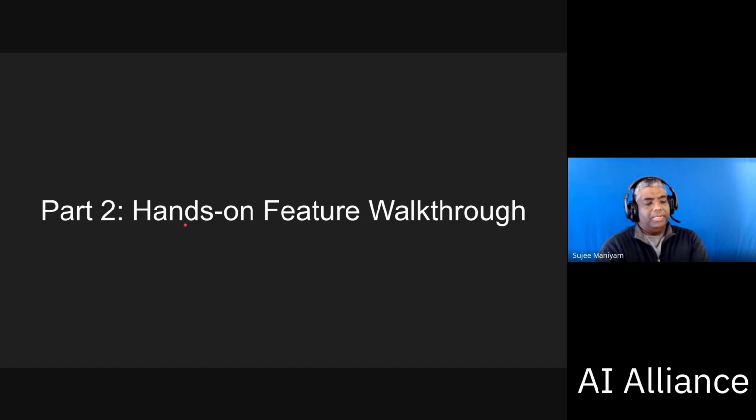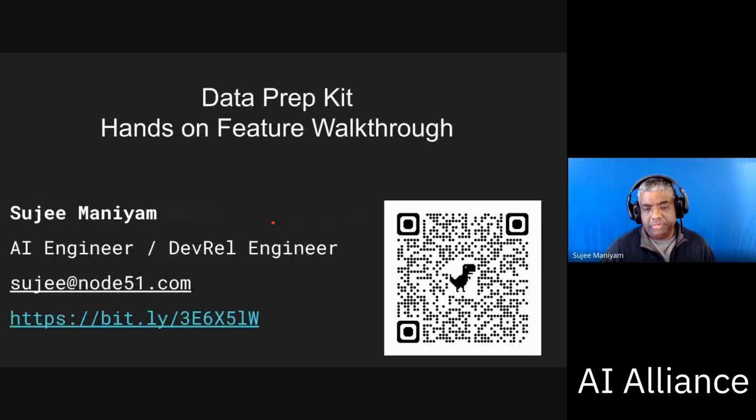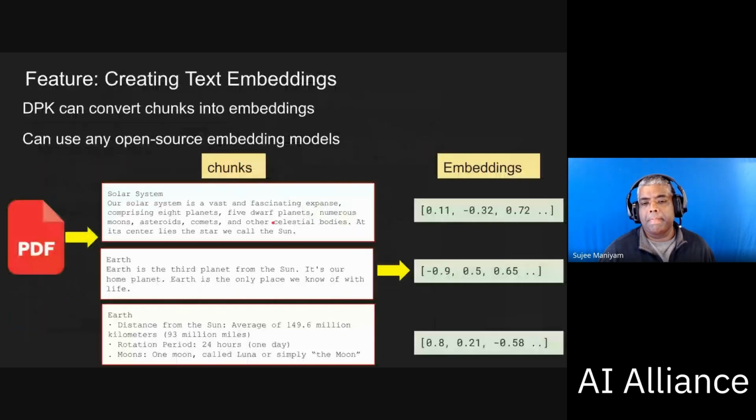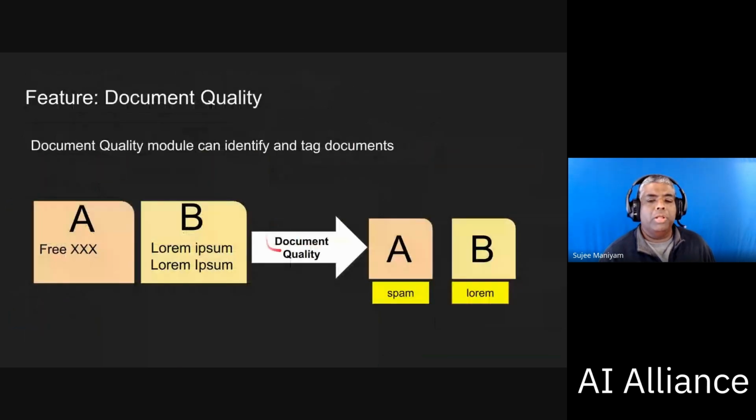Oh, interesting. I need to check on this one. The question is about prompt injection. Remember, in this case we are simply extracting documents. I need to check if the document quality can detect prompt injection.